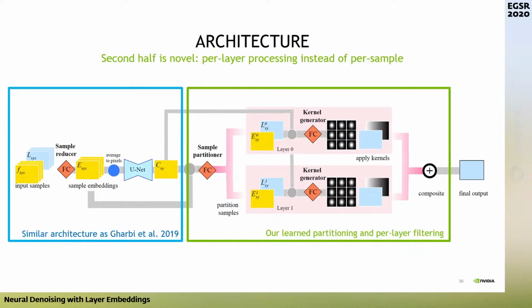And our novel contribution starts in the second half of the network, highlighted in the green box. Here, instead of producing a kernel per sample, we first use a network to partition the samples into 2 or more layers. And then within each layer, we use a network to produce kernels for the pixels in that layer.